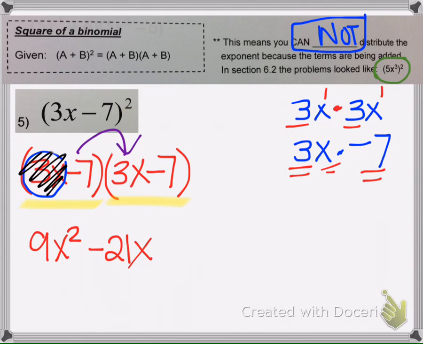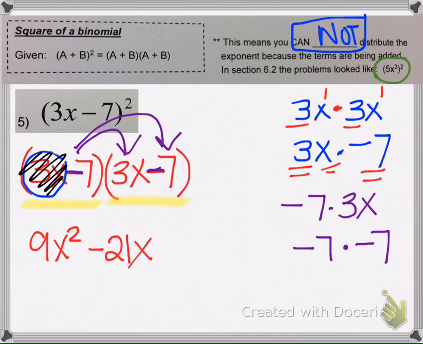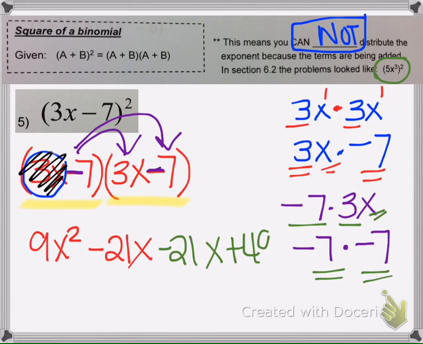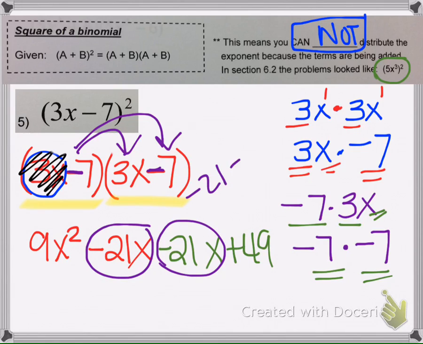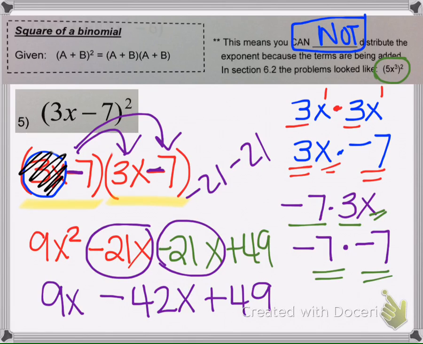So we have negative 7 times 3x, and then we have negative 7 times negative 7. So negative 7 times 3 is negative 21, and then we have the x, and then negative 7 times negative 7 is positive 49. So now we combine our like terms, and negative 21x and negative 21x combine together to make negative 42x. And then we have our final answer.